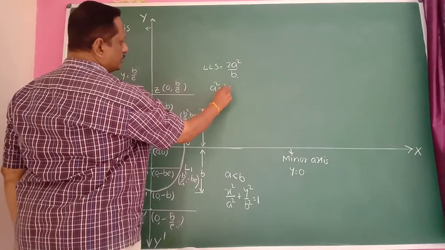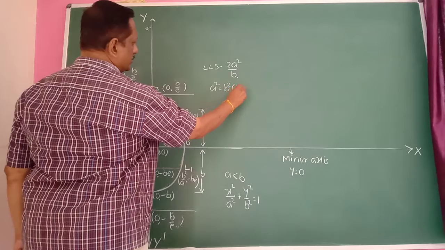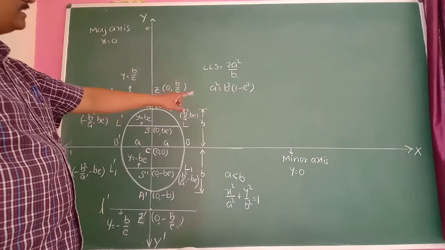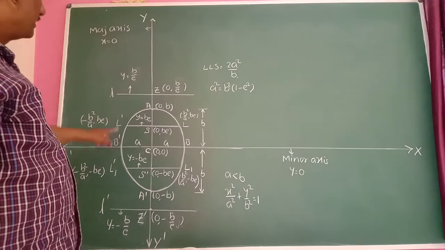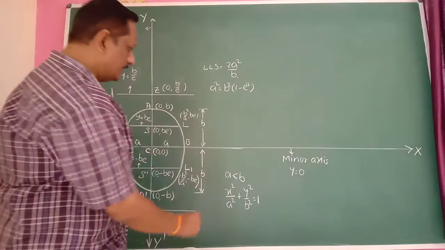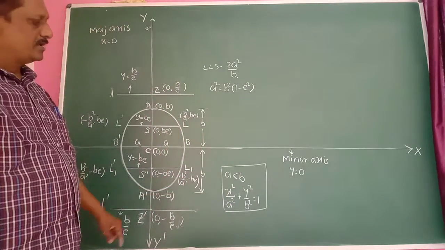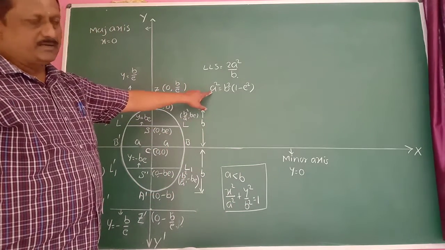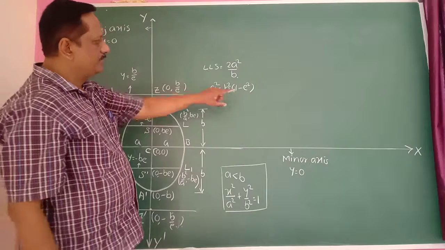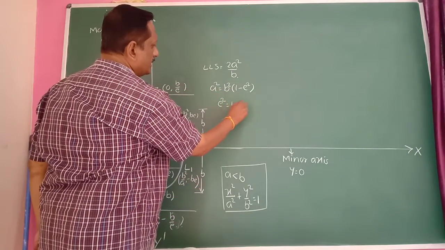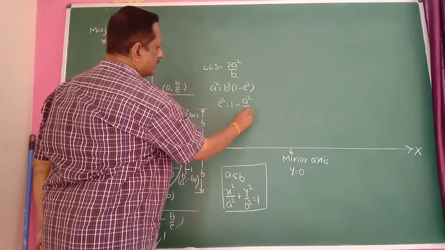And one more thing, this is a very important result here. a square is equal to b square into 1 minus e square. If you want to find the eccentricity of this ellipse, it is given by a square is equal to b square into 1 minus e square, or you can write e square is equal to 1 minus a square divided by b square.